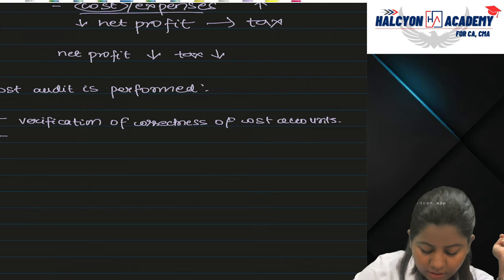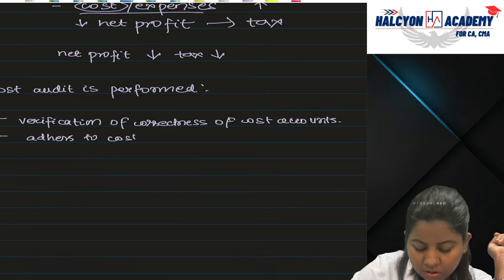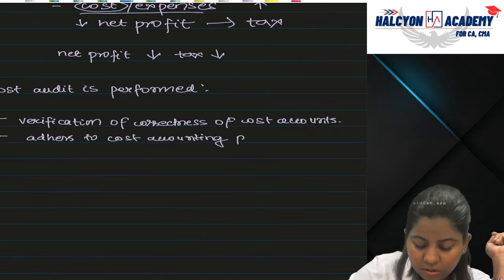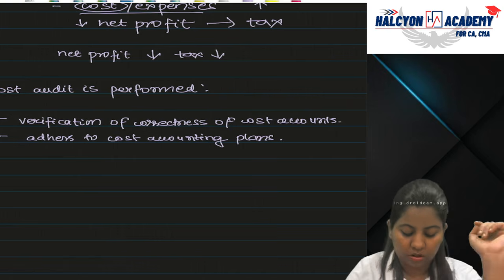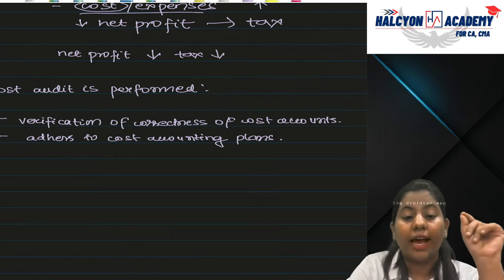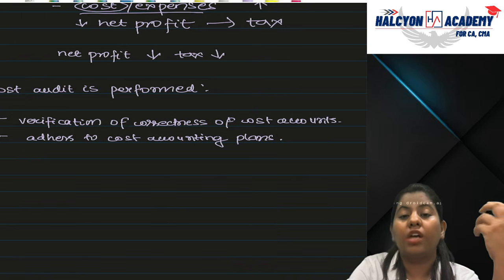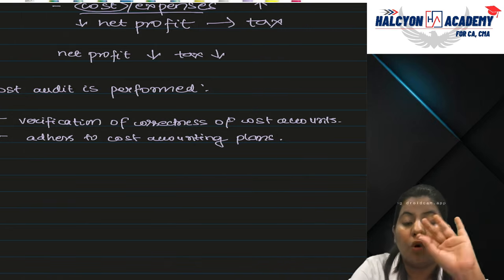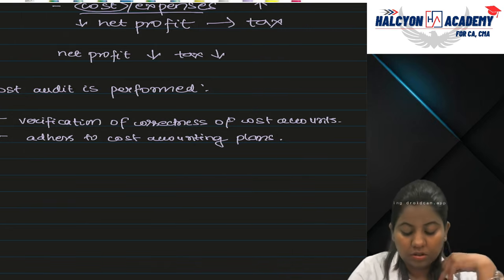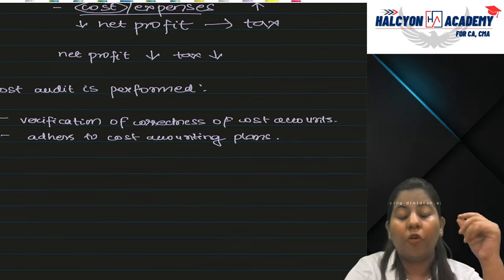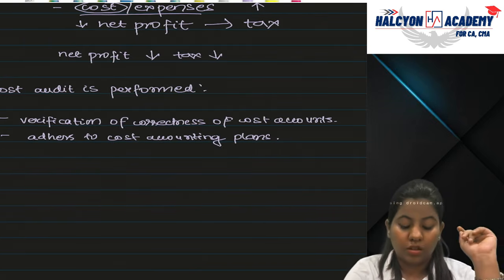And another thing, whether it adheres to the cost accounting plans or not. Whether the cost records, the cost accounts are maintained as per the plan or not. So the cost audit is performed for two main reasons.